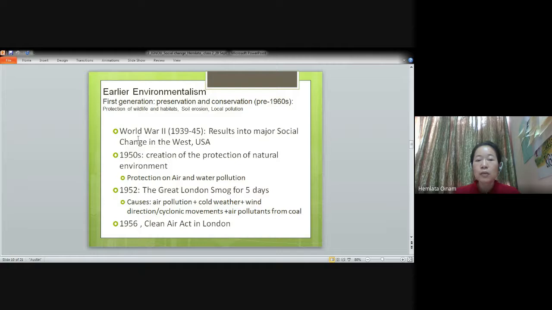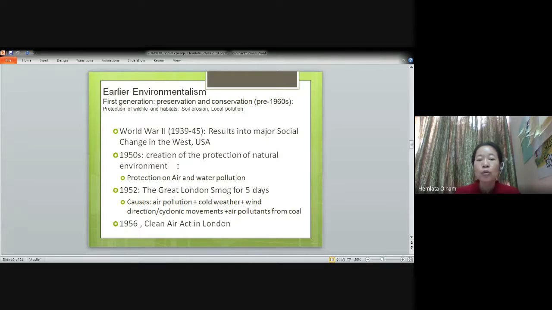So during World War II and the aftermath of it, we know that there were major changes in world politics, world geographical conditions, and also environmental conditions that led to various environmental problems, such as different disasters. And one of the immediate disasters is the London smog that happened in 1952.